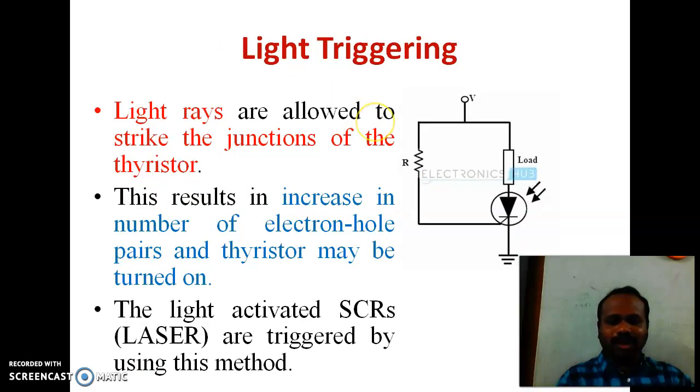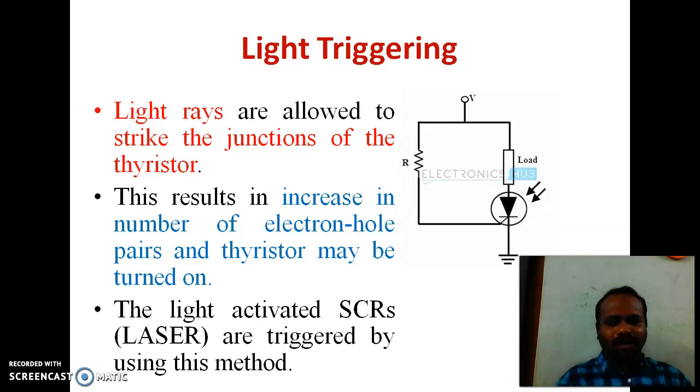Next, light triggering. Light rays are allowed to strike the junctions of the thyristor. See here, this is the thyristor, and these are the light rays. Now we are allowing the light rays to fall on the junctions of the thyristor. This falling of light on the junctions results in an increase in the number of electron hole pairs.